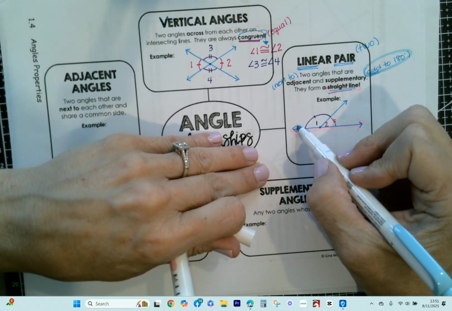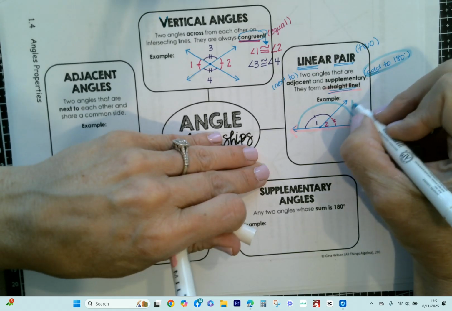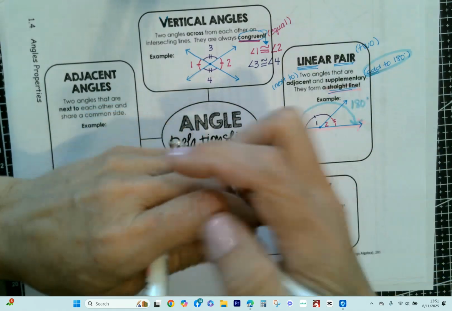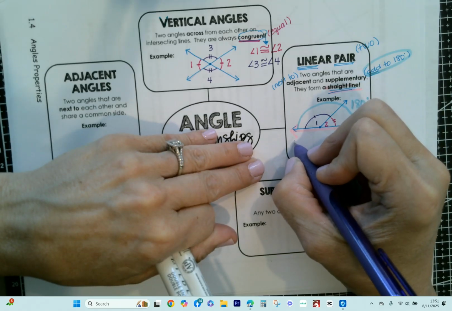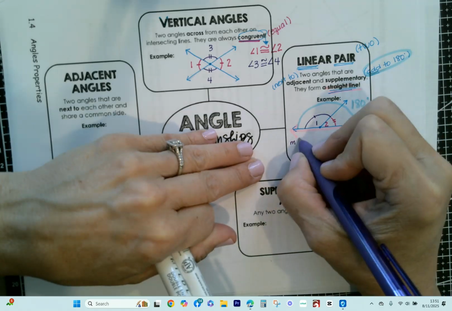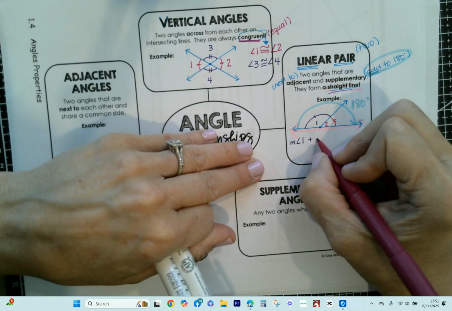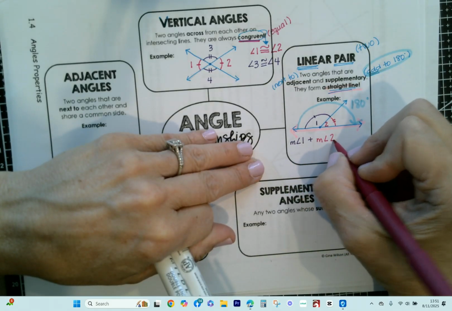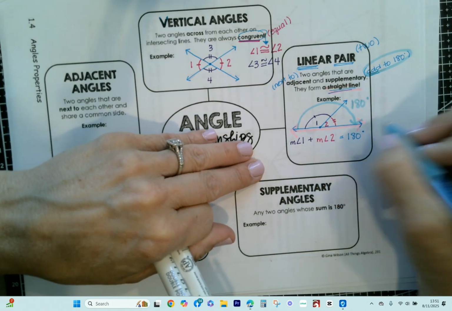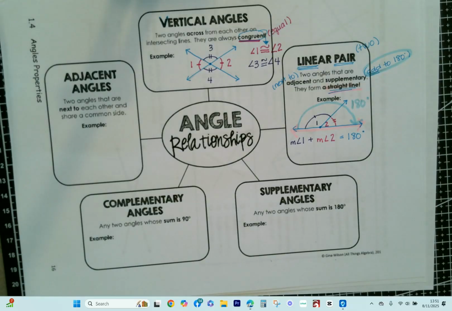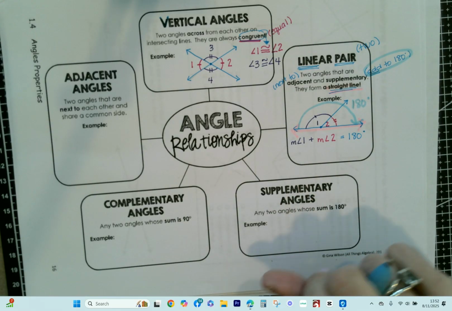That means if I go from this side here all the way over to this side here, that's going to be 180 degrees. That's what that means. So here's what we would write down: the measure of angle 1 plus the measure of angle 2 equals 180 degrees.